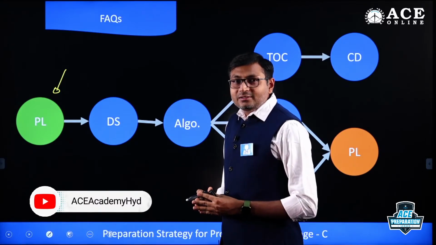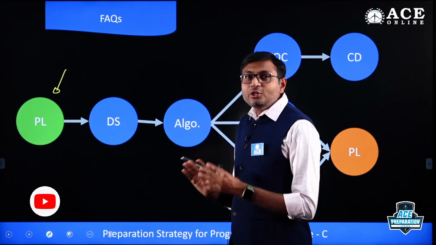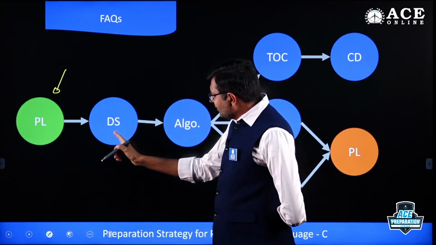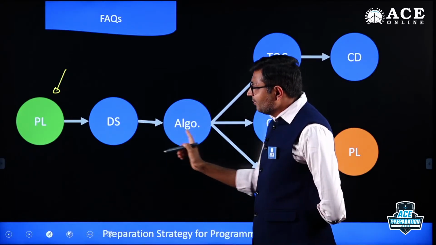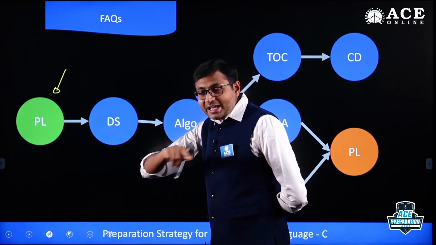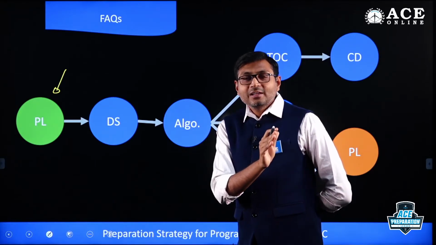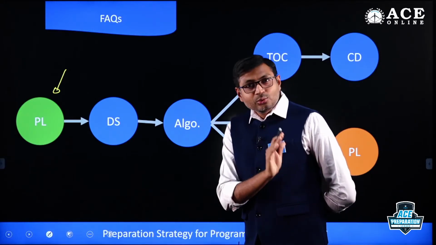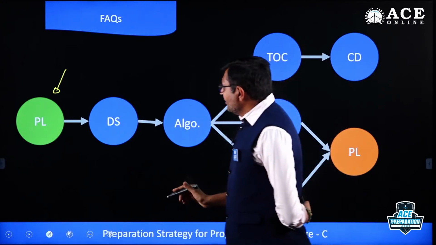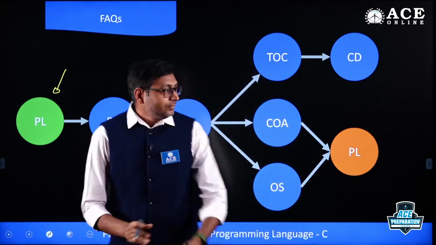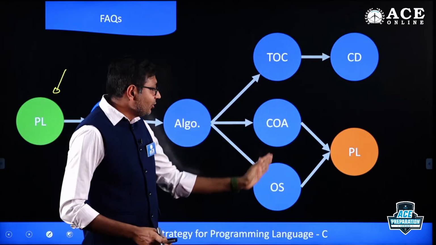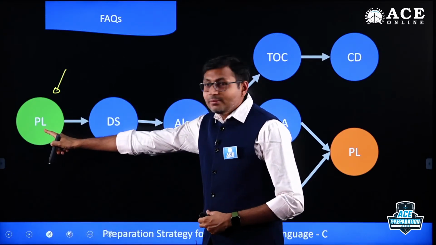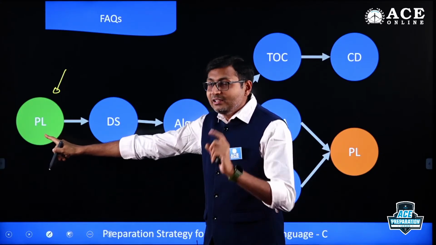Usually, if you follow this, you will not face problems later. Especially, as I said, for data structure and algorithm, start the programming language before that. As technical subjects, apart from mathematics, engineering mathematics and discrete mathematics you can do anytime, but before learning data structure, algorithm, POC, CD, COA and OS, first make all the concepts of PL very clear.